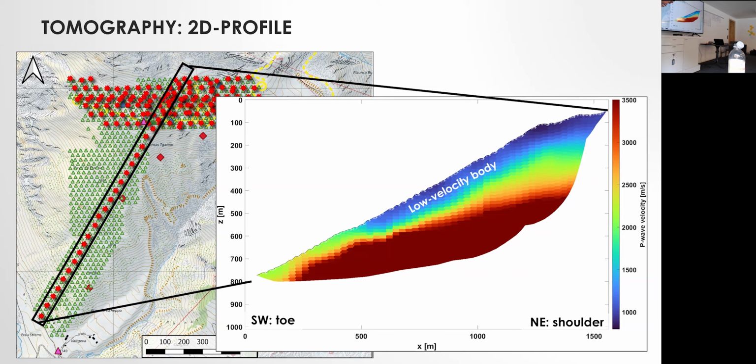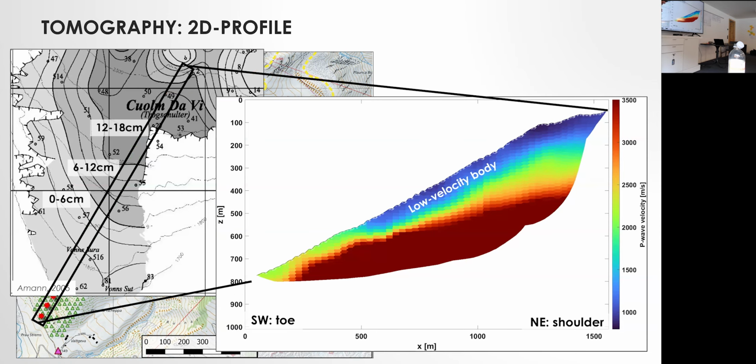We can compare this with surface displacement measurements done at this landslide, where in very light gray we have the region which is almost stable, moving only up to 6 centimeters per year, towards darker gray colors, which indicate velocities up to 12 to 18 centimeters per year.